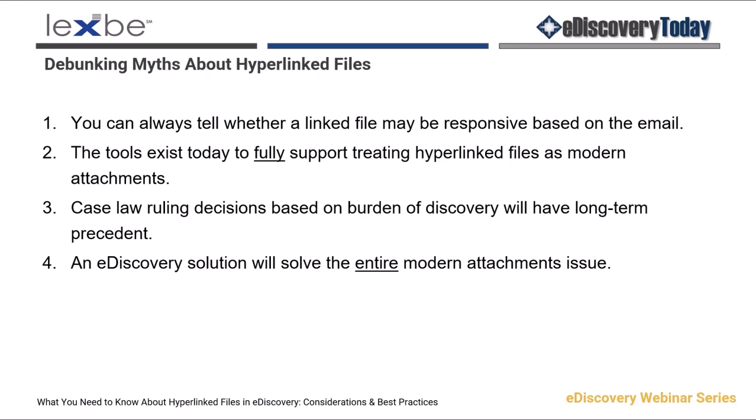The solution that reportedly comes the closest currently is Forensic Email Collector from Metaspike. It can do a lot in terms of automating the collection of linked files within emails, but it can't collect the contemporaneous files if they don't exist. No matter how good the eDiscovery solution is, it will need help from the source ESI application to make available what needs to be collected. It can't solve the entire issue alone.